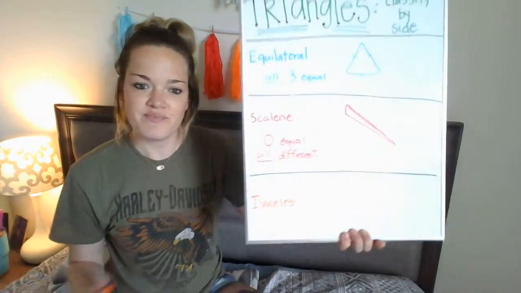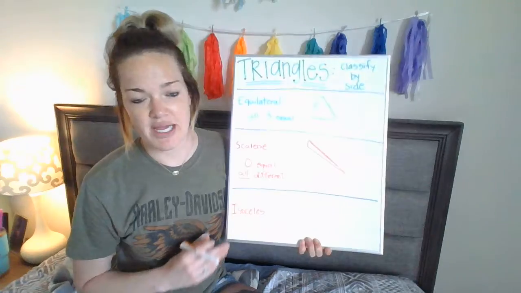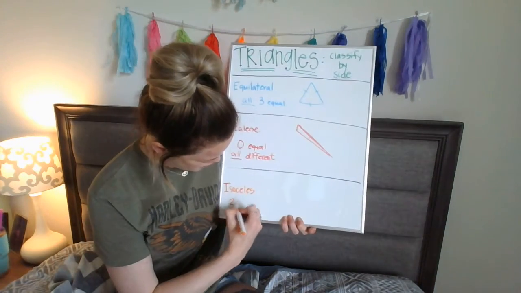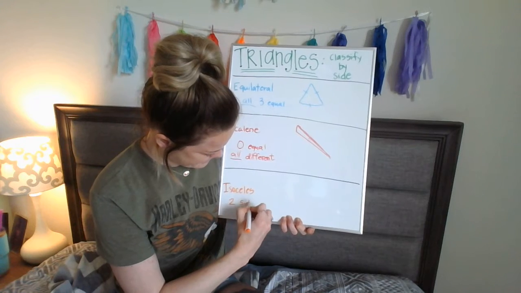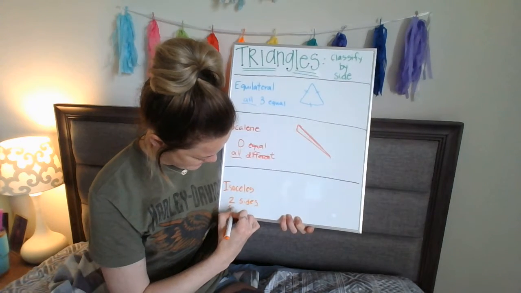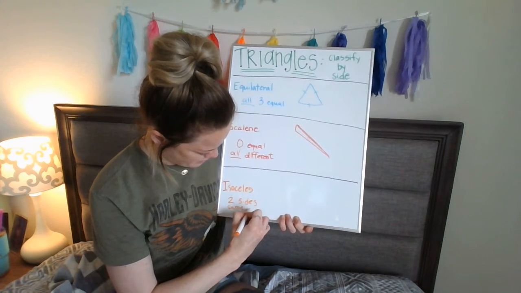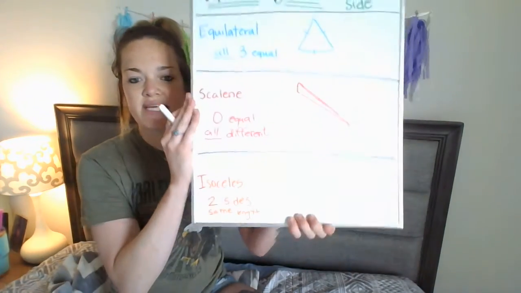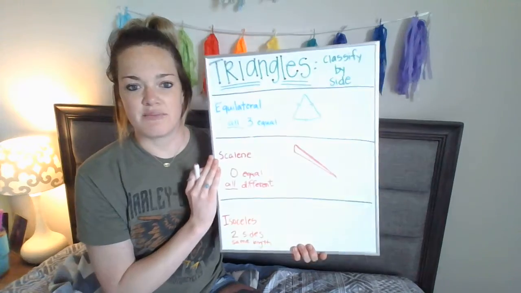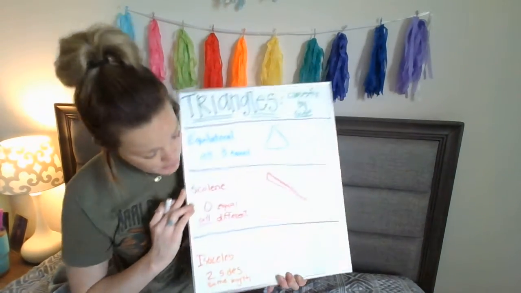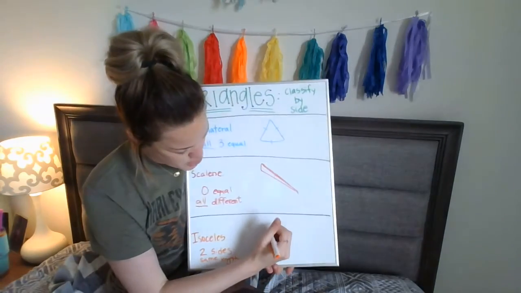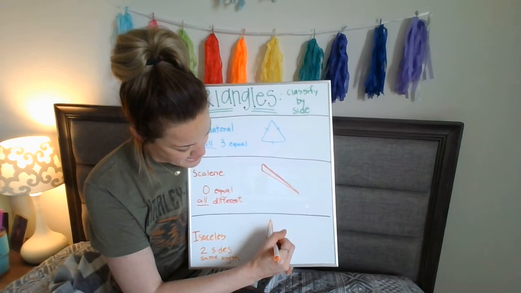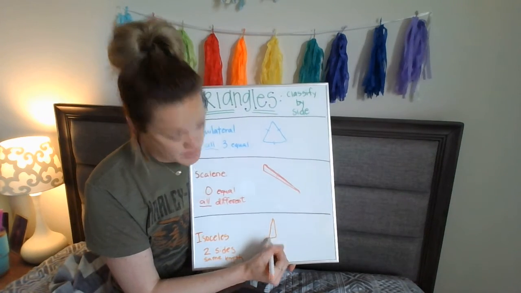Then we have our last one, an isosceles triangle. An isosceles triangle means that it has 2 sides that have the same length. Okay? An isosceles triangle is where you have 2 of the sides that are the same length, and then one may just be different. All right, so maybe your triangle has 2 long sides here, and then it has 1 short side at the bottom.